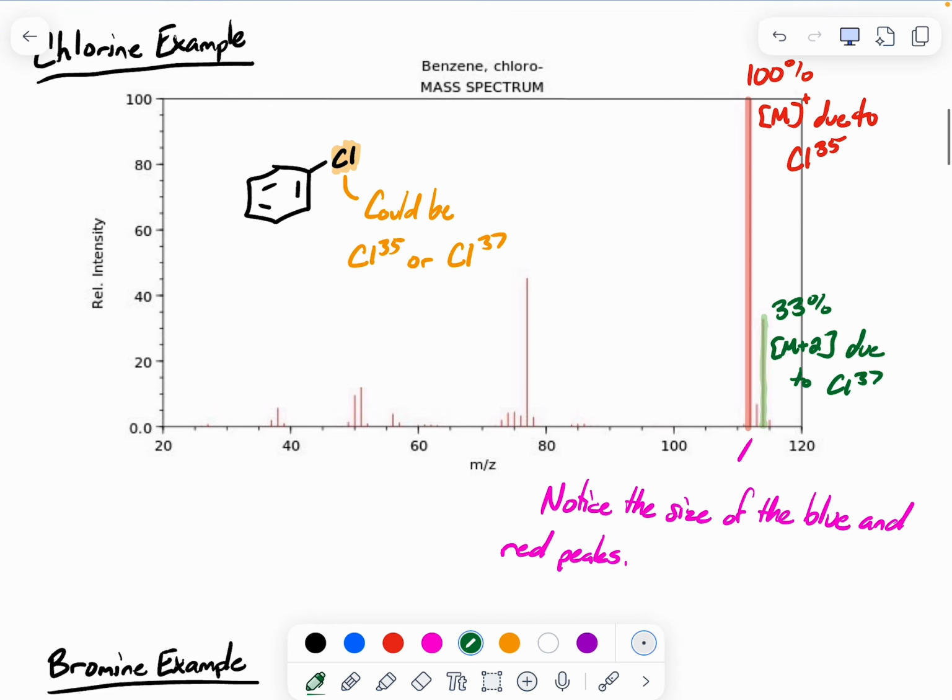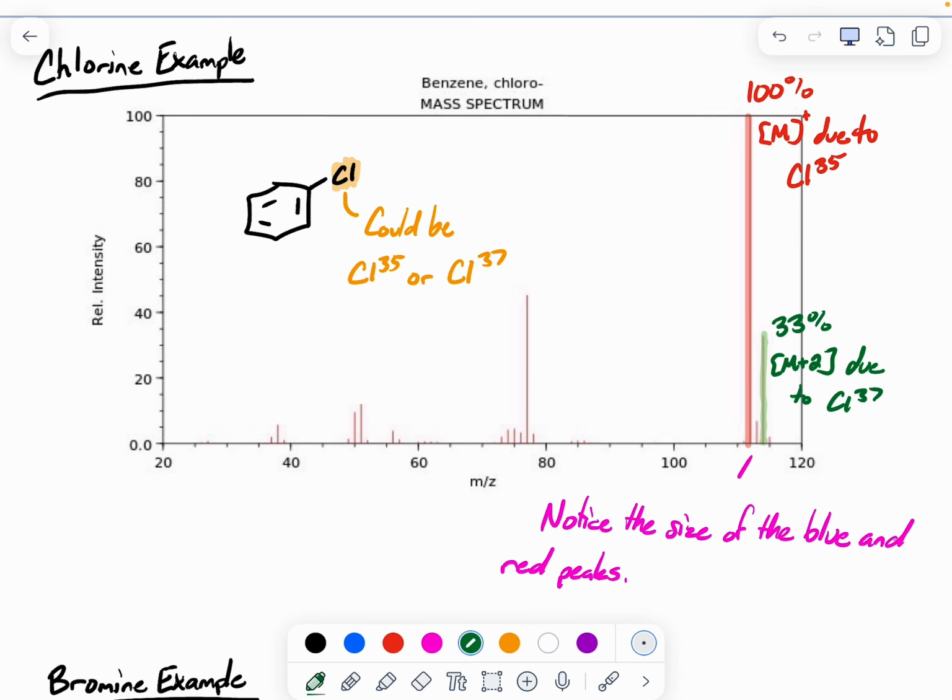Okay. So make sure you pay attention to the size of peaks whenever you're looking for halogens, because chlorine will always give us that 3-to-1 ratio. Oh, I have blue and red written down in the notes. I'm sorry, it's red and green now. Given Christmas.